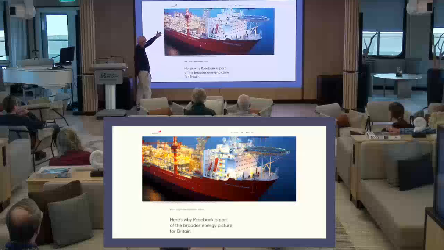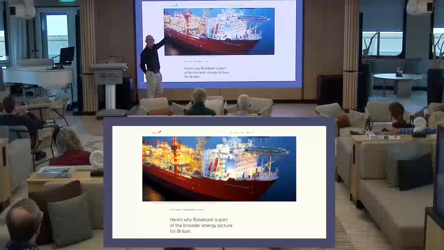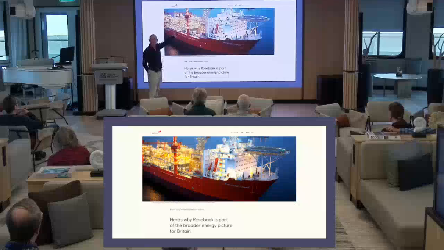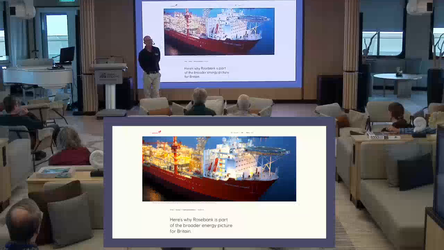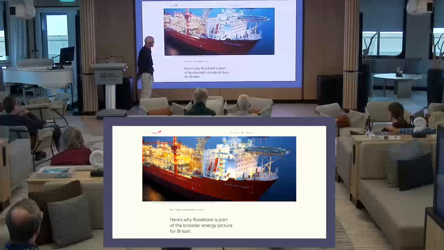The main contractor for that oil field is called Equinor, which is the new name for Statoil, which was the Norwegian oil company owned by the state. So the Norwegians are still very much involved.